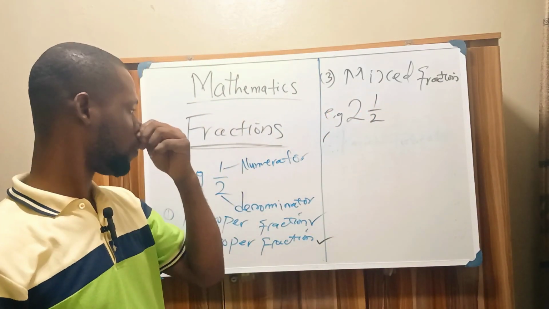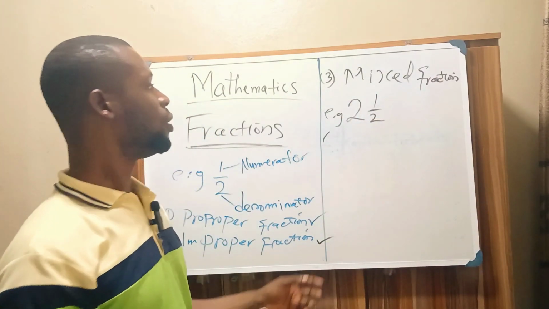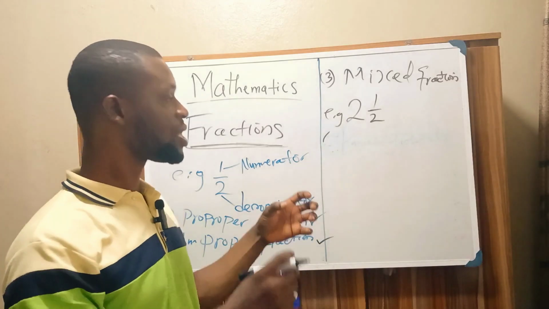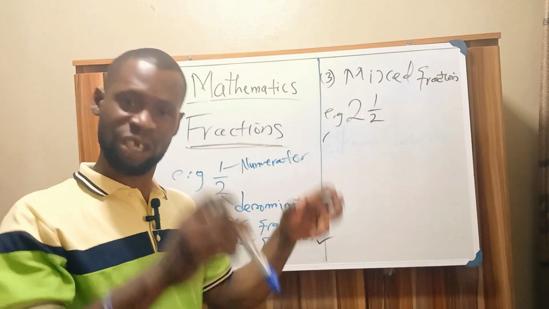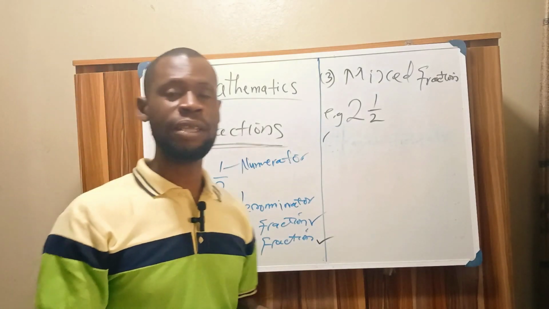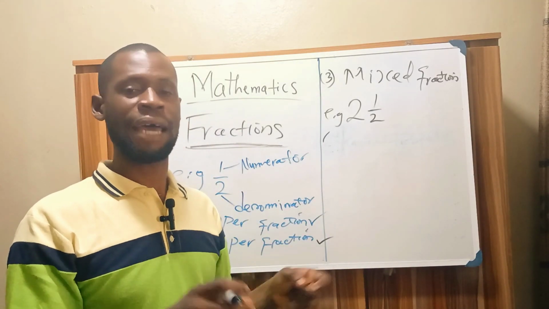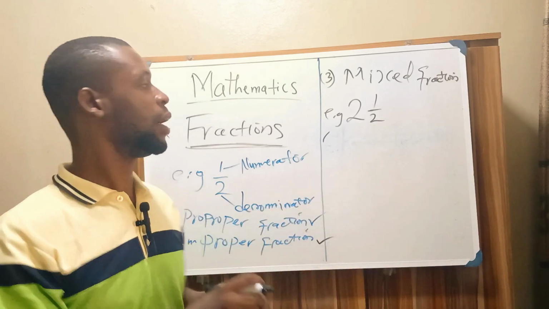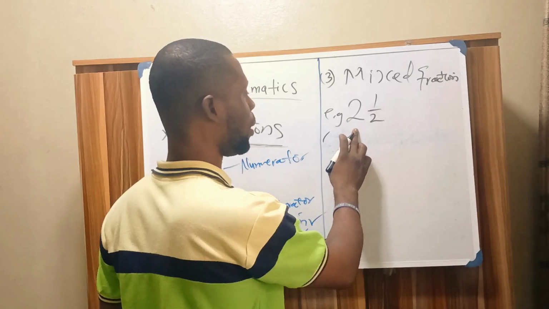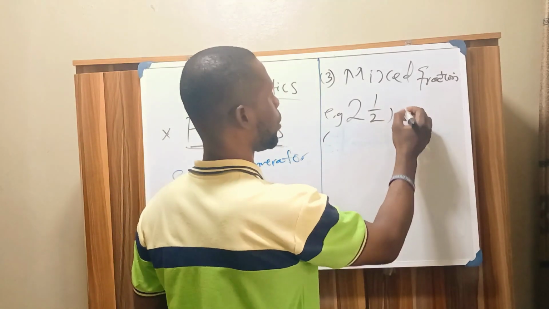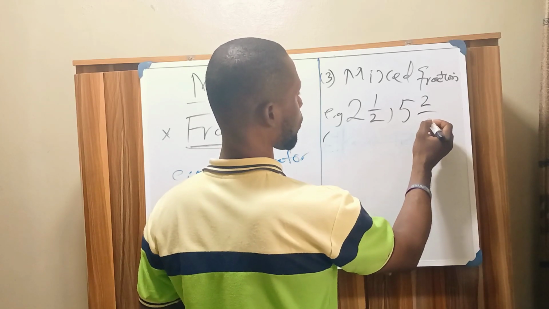From the definition, I said a mixed fraction is a fraction that consists of a whole number and a fraction written together. So the example is 2 whole number 1 over 2. You can say 5 whole number 2 over 3.